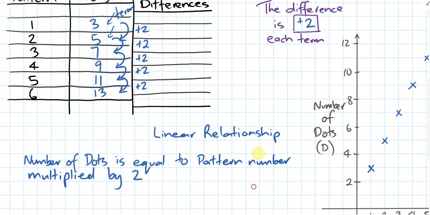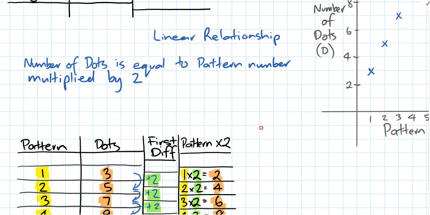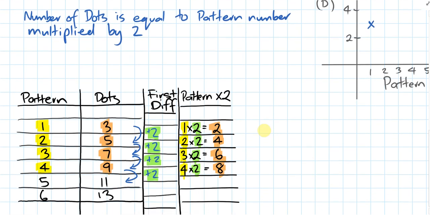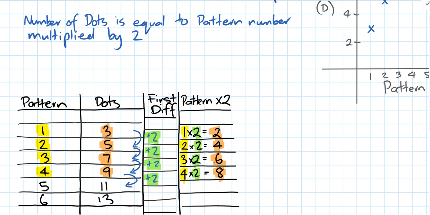I have redone another table just below here, and let's have a look at what happens when we multiply the pattern number by 2. Here is the pattern number in yellow, the number of dots in orange, and the first difference in green. I've introduced another column, called pattern number times 2.